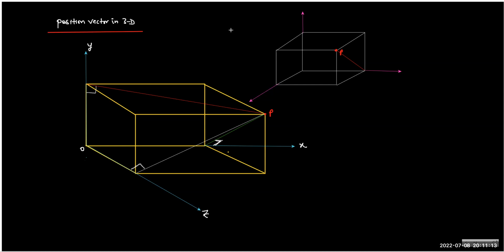And we should believe that because this is perpendicular, the entire plane is perpendicular to the x-axis, right? Isn't it? So the x-axis is normal or perpendicular to the plane itself, isn't it? Which plane? This plane.